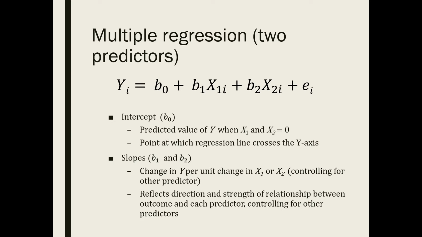So this is really useful information to have in regards to our model. And then at the end here, we also still have our error term, and it's going to be interpreted in the same way. We're still looking at our residuals, and it should still come out to summing 0, especially if our data is nice and normally distributed. So that's the ideal, which might matter a little bit later on.